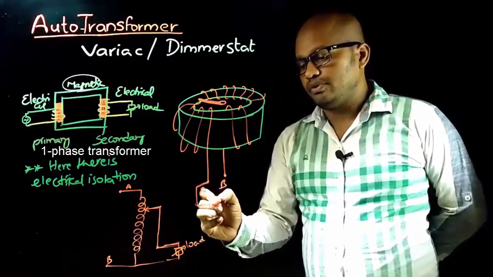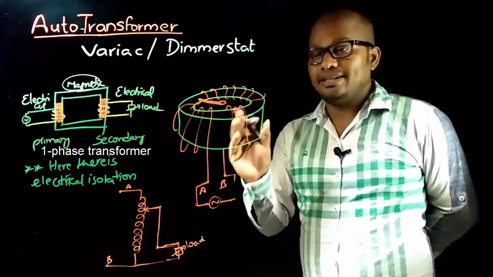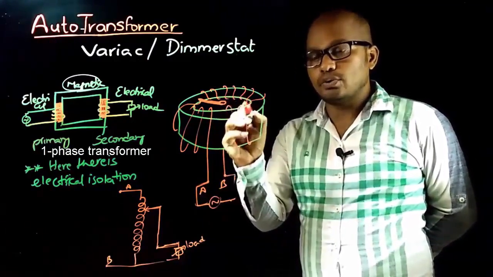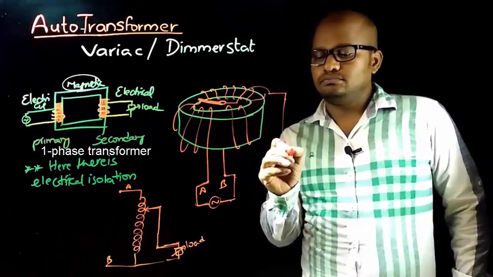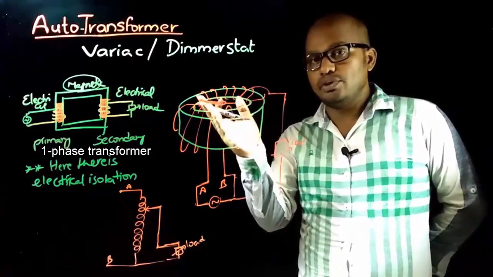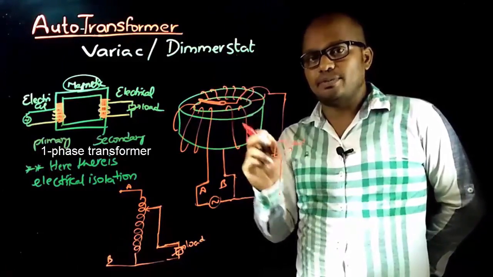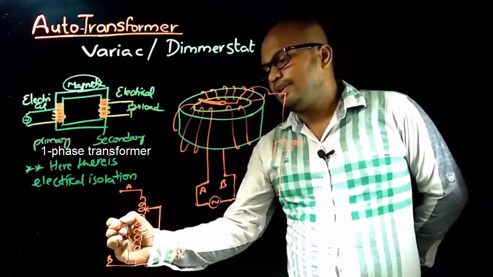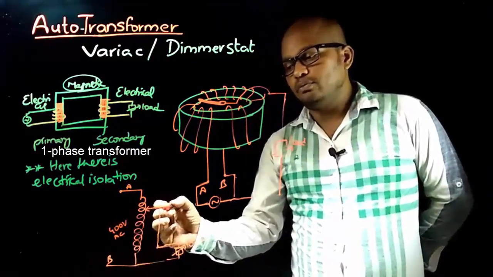So if the input source is connected like this, then the required output voltage from the auto transformer is collected like this. This is the load, which gets the required voltage by moving this moving contact over these turns of the auto transformer.